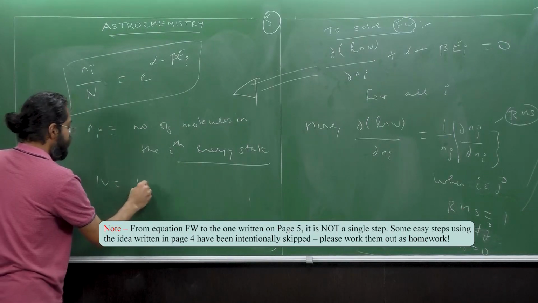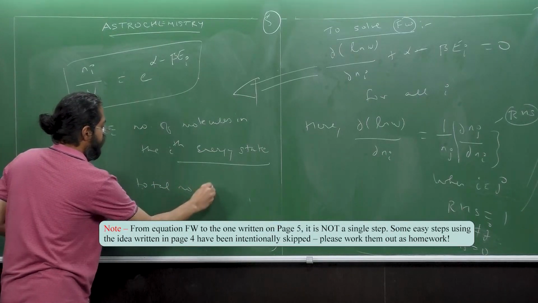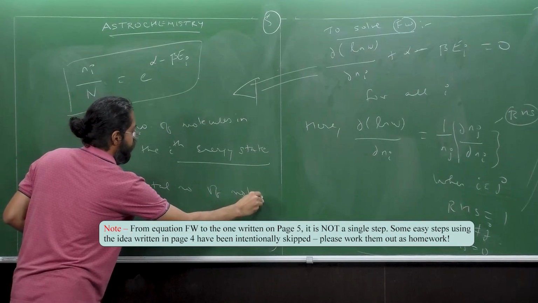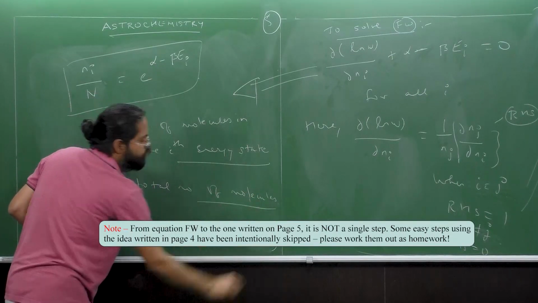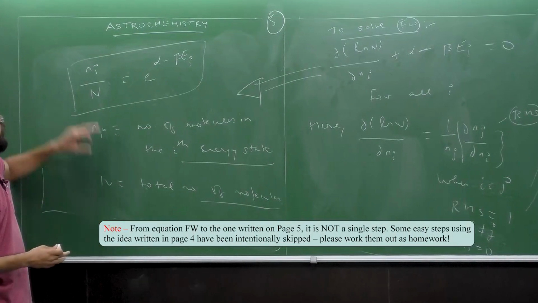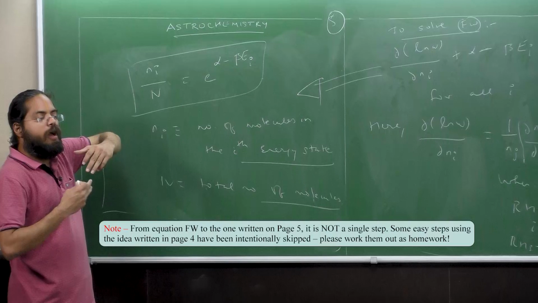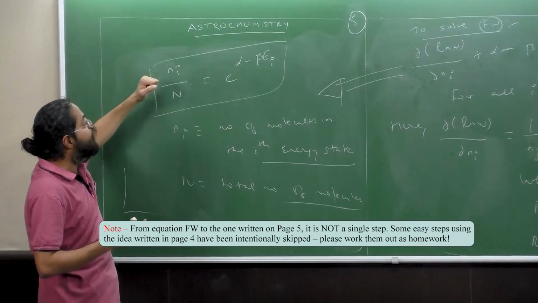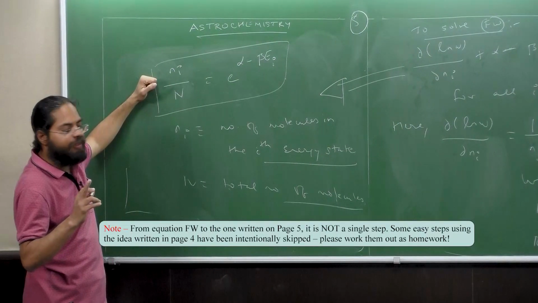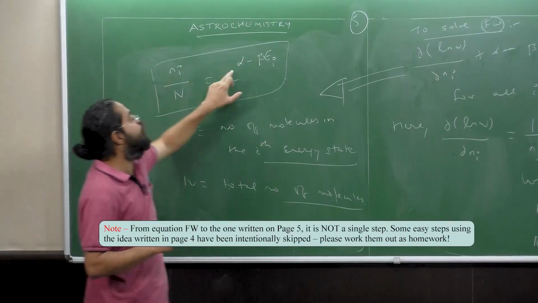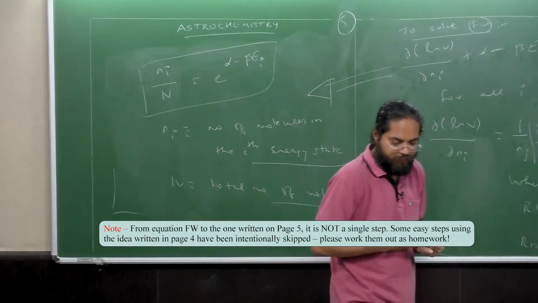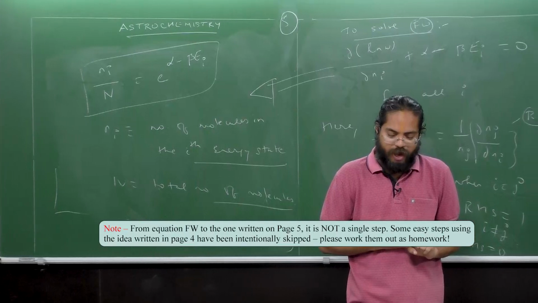N is the total number of molecules. So you've already obtained an expression for the number of molecules in any particular given state. Are we good? We of course don't know what alpha and beta are yet.